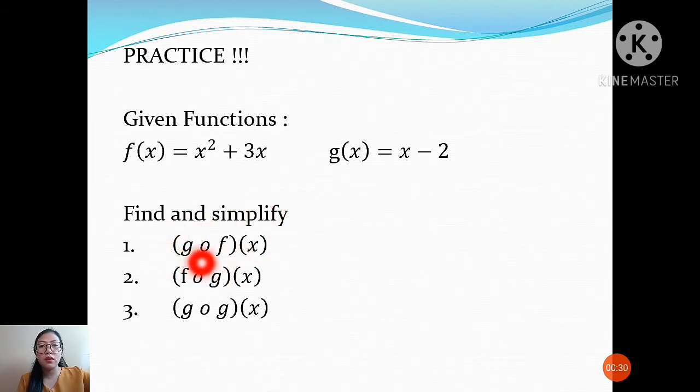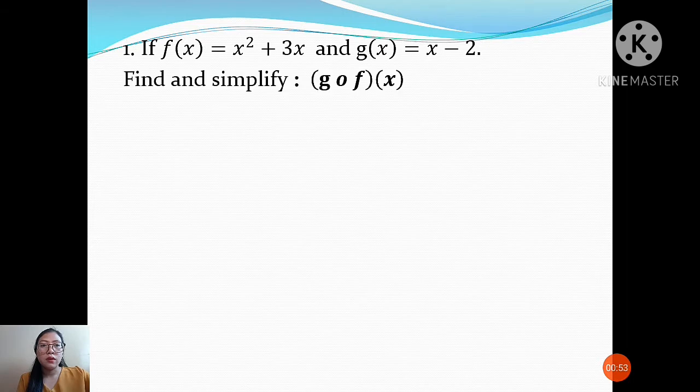Number 1, g composed with f of x. Number 2 is f composed with g of x. And number 3 is g composed with g of x. Now you have to answer this. You only have 60 seconds per item. So for number 1, you may start.